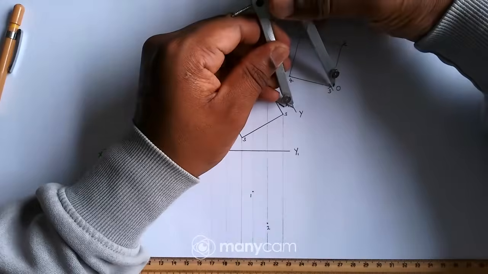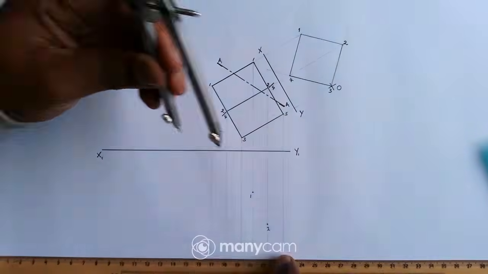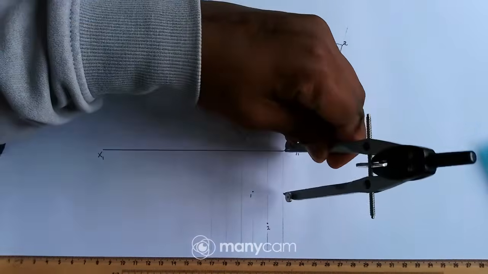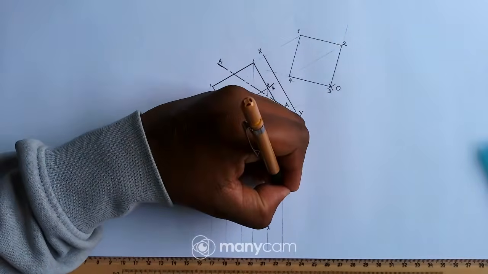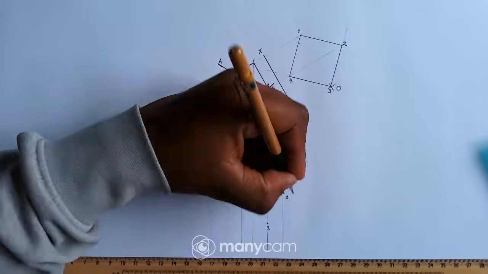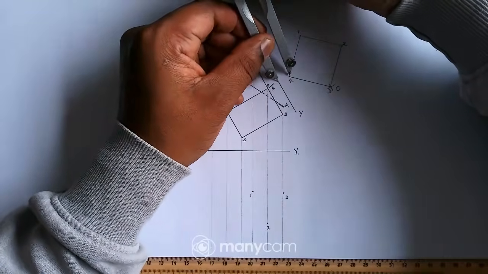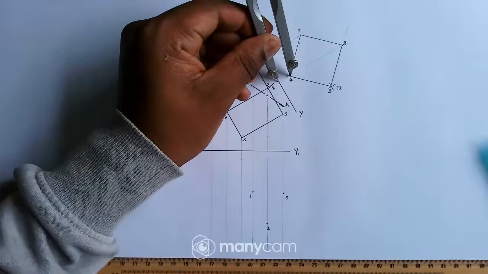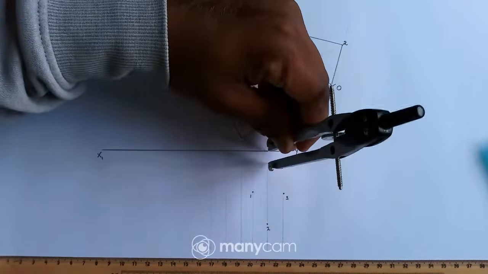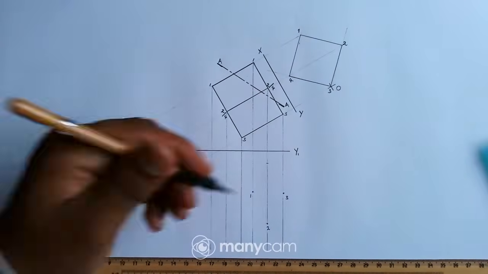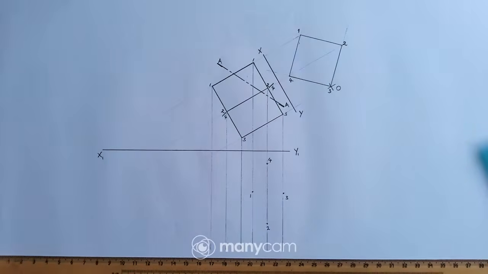Do the same, take that distance from the XY line. Then 3 is right here, so mark there 3. So this is point 3, and we also have point 4. 4 is right there. Then I'll use this line and mark there. Okay, so this is our point 4, so I can label that point 4, right?